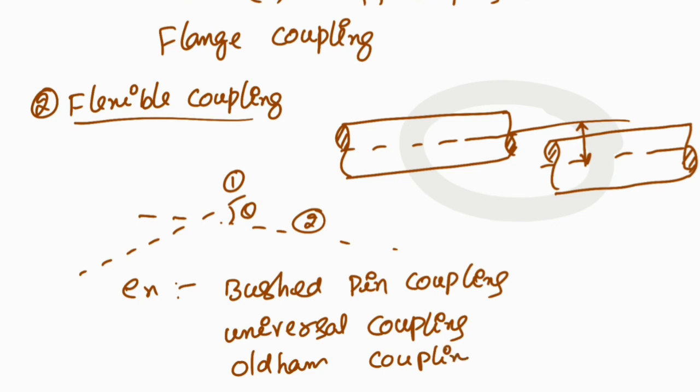Anyhow, remember, bushed pin coupling, universal coupling and Oldham coupling, these three come under flexible coupling. Flexible couplings are generally used for connecting two shafts which are misaligned. That misalignment may be either angular or lateral.